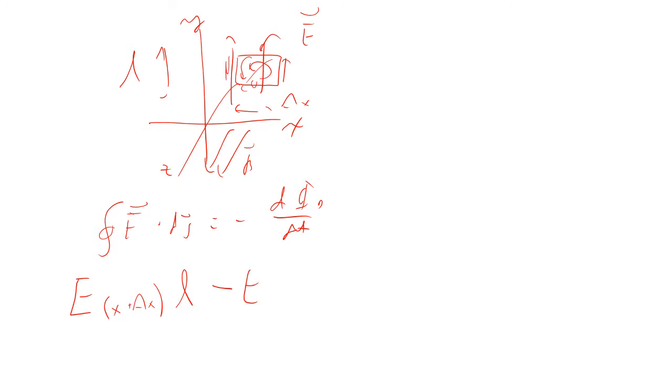So that would be minus E at x times L. That's equal to the rate of change of the magnetic flux, and the magnetic flux is B times L delta x.